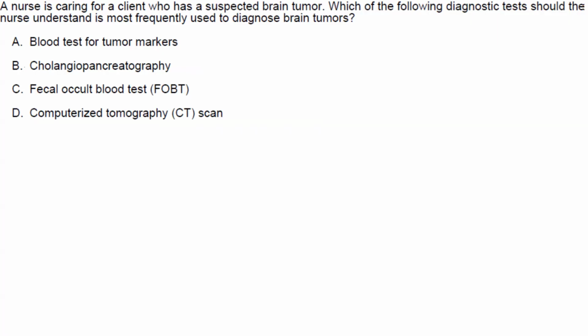Pancreatography, which is endoscopic retrograde cholangiopancreatography, ERCP. Then we have FOBT, which is fecal occult blood test. And the last one, CT. You can also include CT and/or MRI.